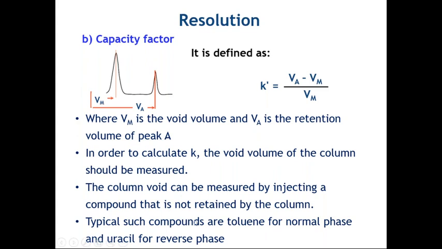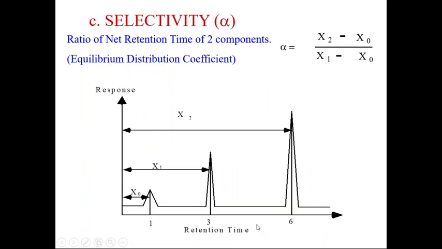Typically the compounds we use are toluene for normal phase, and as I said, uracil for reverse phase. And selectivity tells you the equilibrium distribution coefficient. So it tells you how selective your separation is. The higher the alpha factor, the better is the separation.